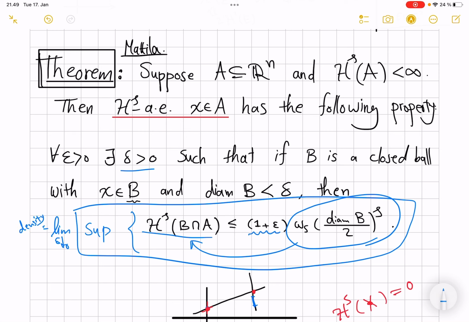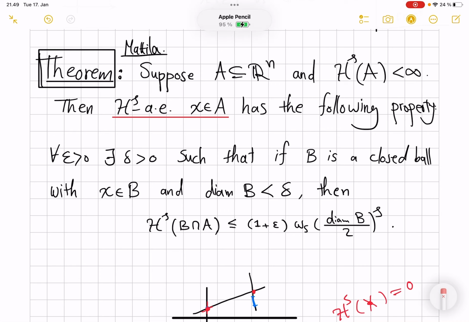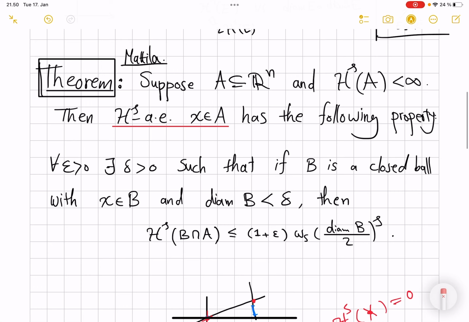This is called spherical density rather than the previous density that we had, the difference being that there the balls were centered at the point x. But the proof ideas are similar, using covering and definitions of Hausdorff measures and spherical Hausdorff measure, which is a variant of Hausdorff measures, and from there you prove such a statement.